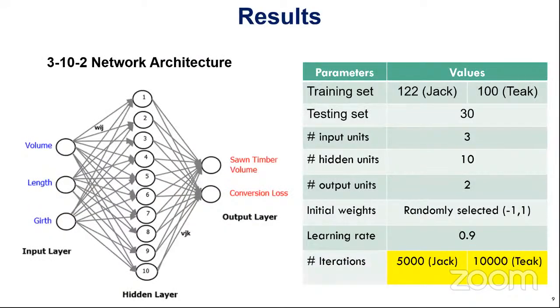Now I will show the results in this study. The 3-10-2 model is the fitted optimal network architecture of the ANN model. There are 3 input units in the input layer, 10 hidden units in the hidden layer, and 2 output units in the output layer.